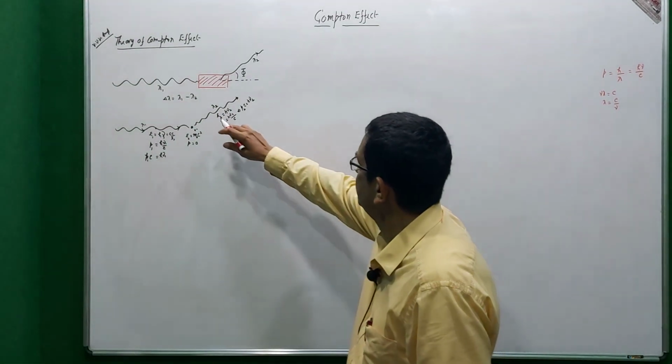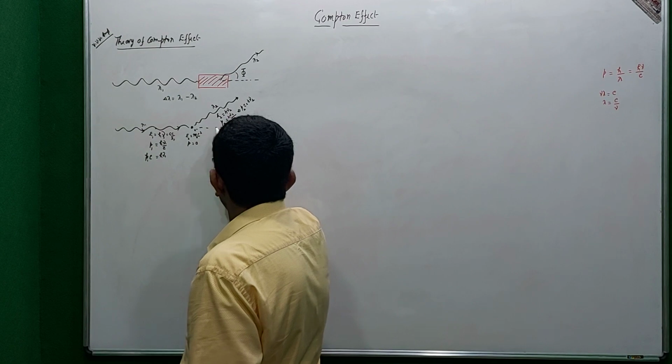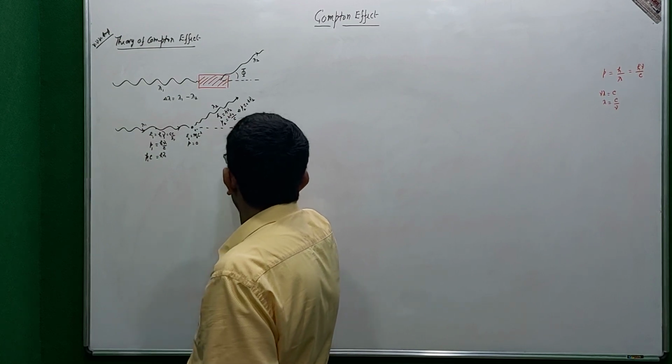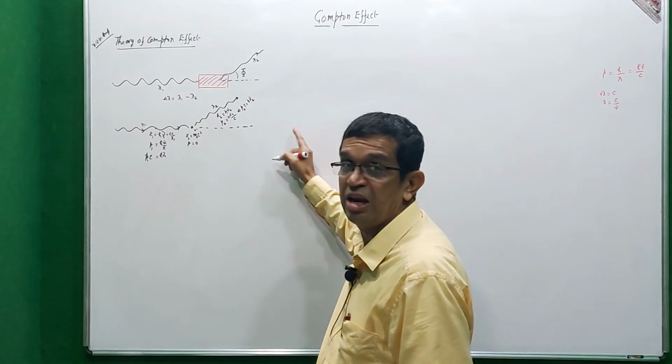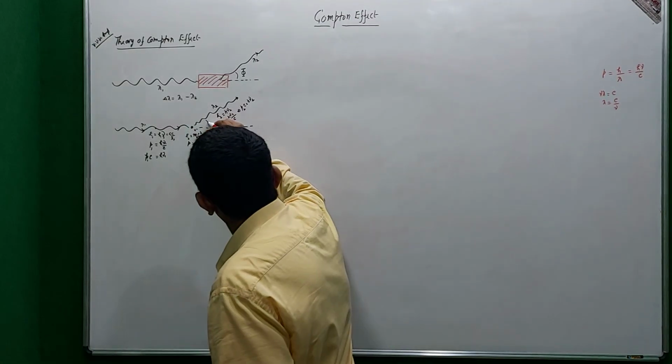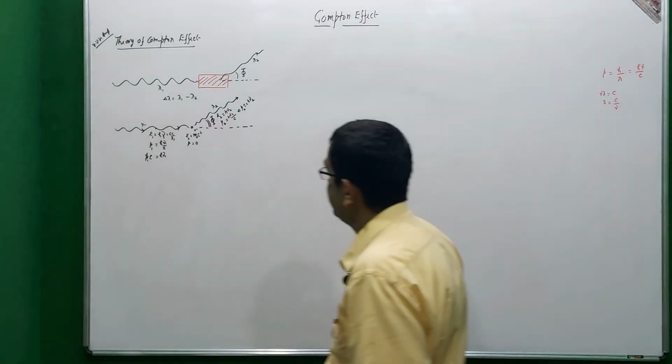This is the scattered photon, and this is the original direction. If the scattering does not take place, the X-ray photon would travel along this direction. Now naturally, what is this angle? This angle is the scattering angle.